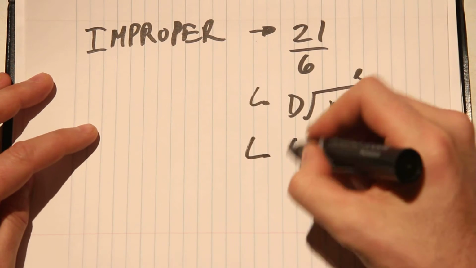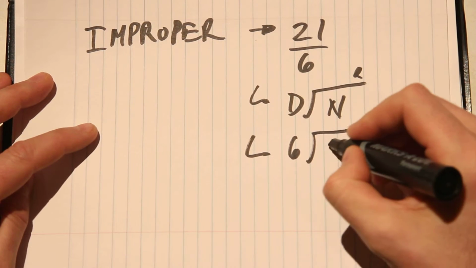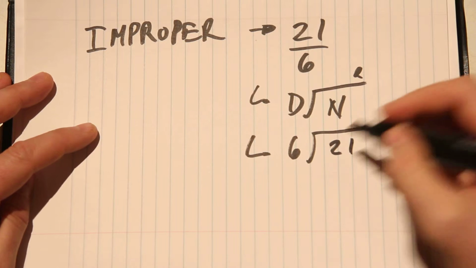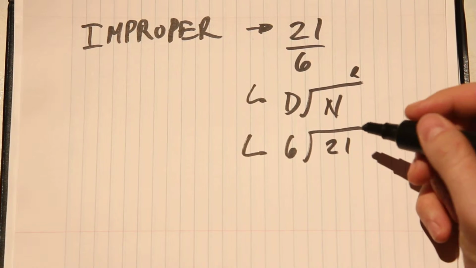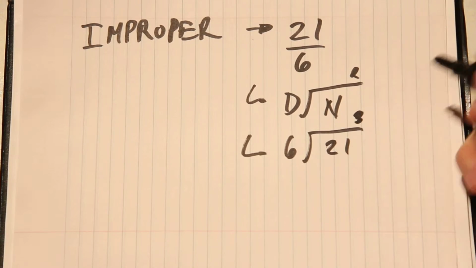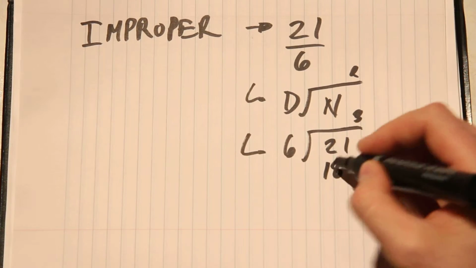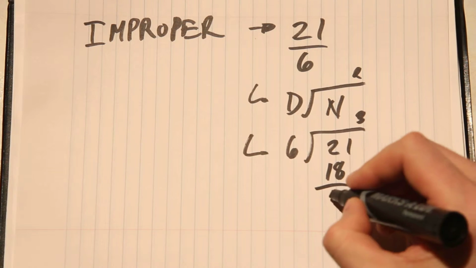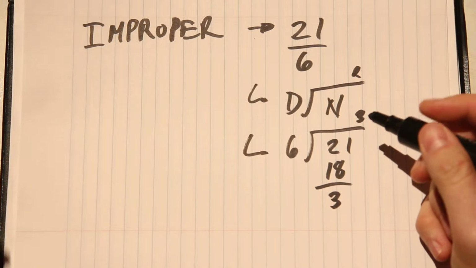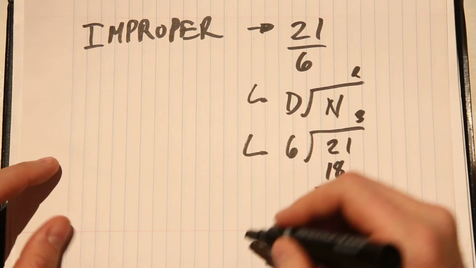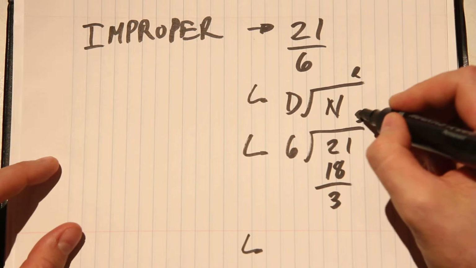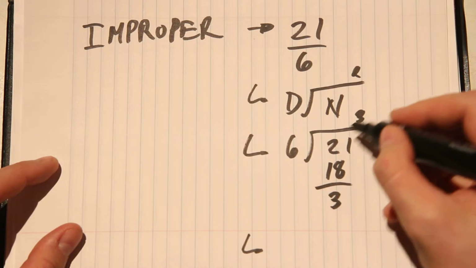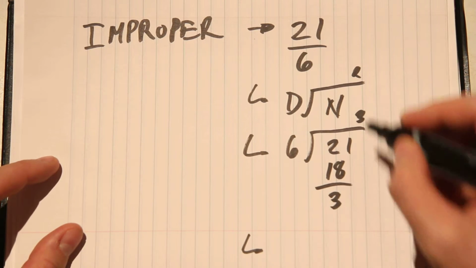So denominator is 6. 21 divided by 6 is what? How many times does 6 go into 21? Well, let's see. 3 times, and you get 18. So what's 21 minus 18? 3. So, to make the mixed number, we want to take the whole number, which is going to be 3, because 6 goes into 21 3 times. 3 whole times.